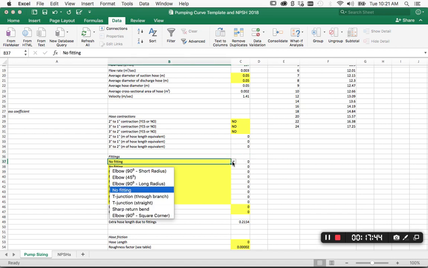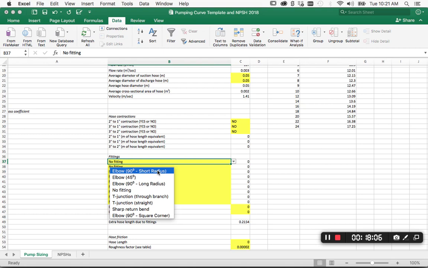So if we go in here, we can actually select the type of elbow. You have elbow with a long radius. So it's quite important actually is how long the bend is compared to the diameter of the pipe. It actually changes the flow within a plumbing system.